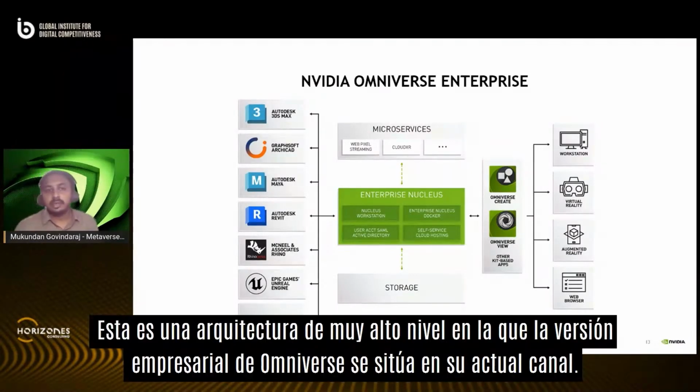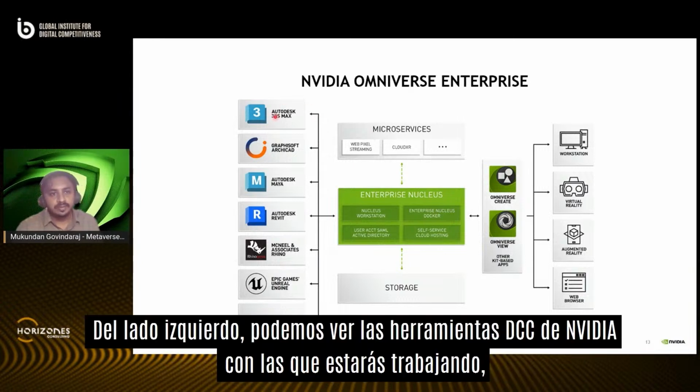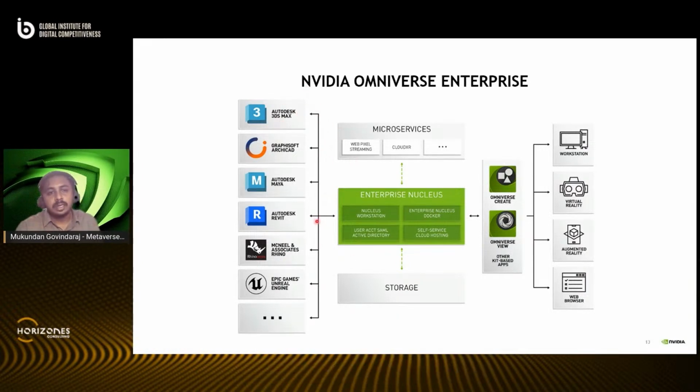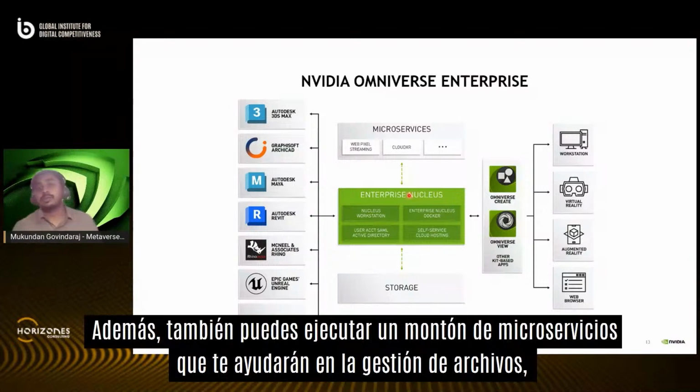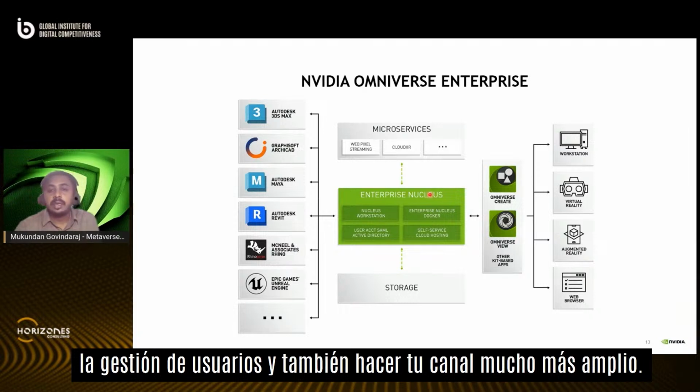This is a very high-level architecture of how Omniverse Enterprise sits in your current pipeline. On the left, you see the various DCC tools that you will be working on. Then you connect to Nucleus, which is in the center and acts like storage. Plus, it can also run a lot of microservices, which will help you in file management, user management, and also make your pipeline much more robust.